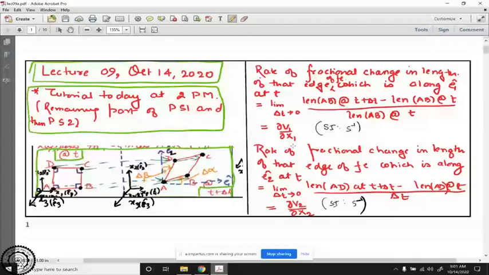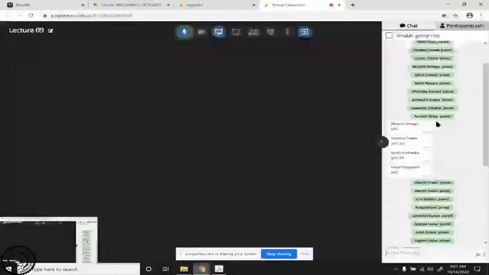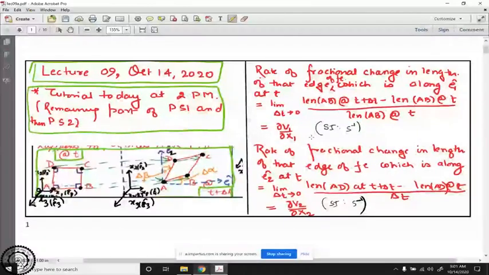Del v1 del x1, the partial of one component of velocity with respect to x1, at time t and at the location where fluid particle A is at time t. The SI unit will be per second. I also showed you the steps.